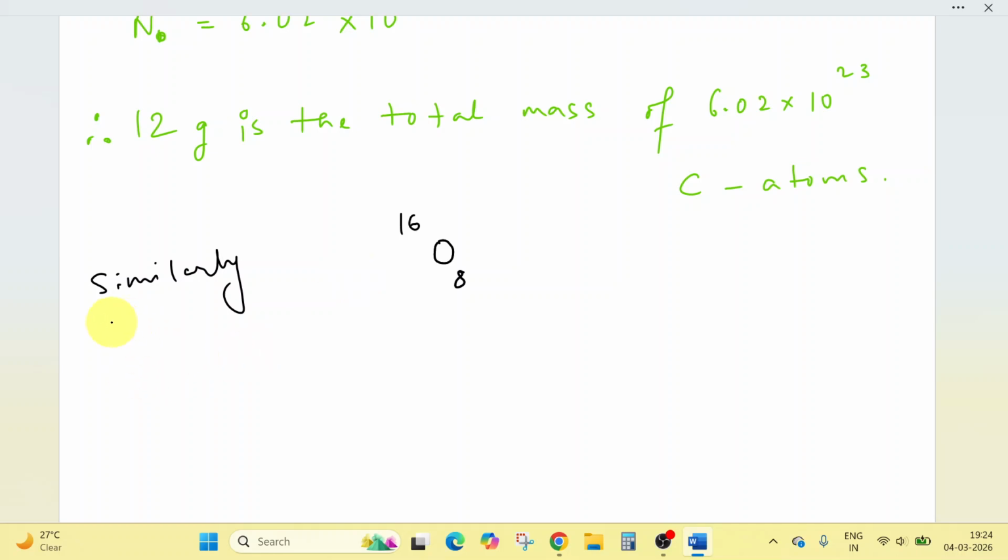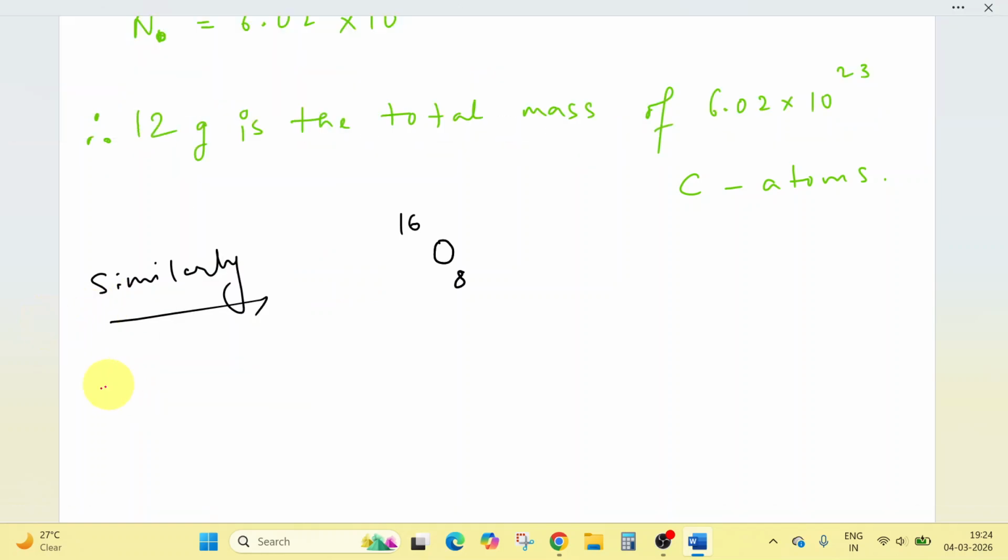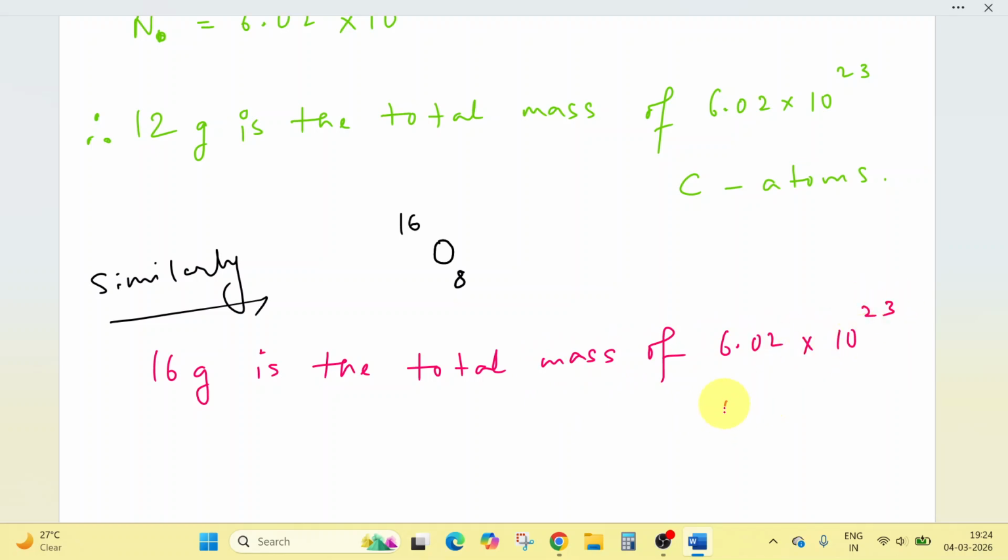So in the same way, similarly, I will write 16 gram is the total mass of 6.02 into 10 to the power 23 oxygen atoms. এটা হচ্ছে অক্সিজেন। আন্ডারস্টুড? বুঝতে পারলে কিনা বলো? ঠিক আছে, 16 গ্রাম is the total mass of এতগুলো অক্সিজেন atoms.